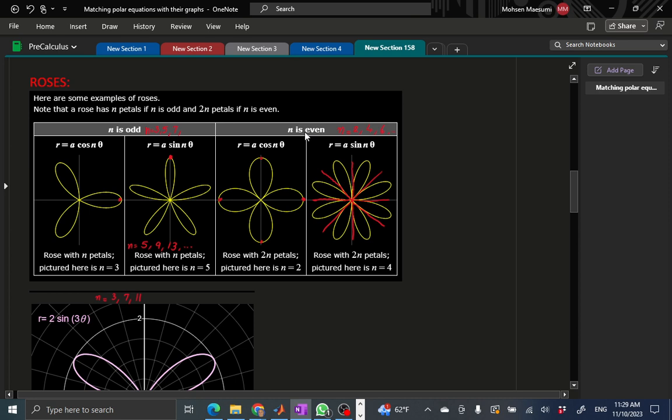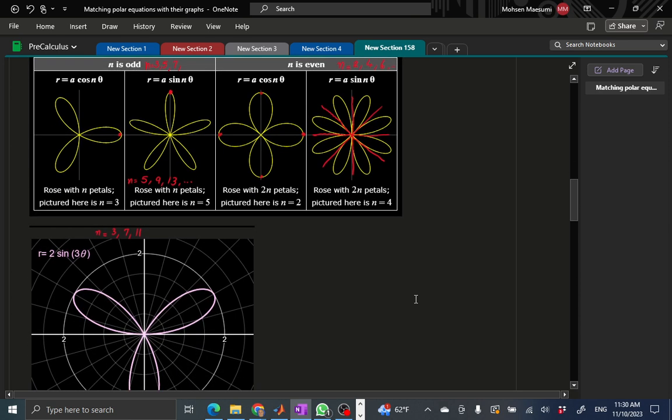If it was even, the number of petals doubled. So here is a rose with n being 3, which has 3 petals, n equal to 5 is 5 petals. Here n equal to 2 has 4 petals, and n equal to 4 has 8 petals, and so on.